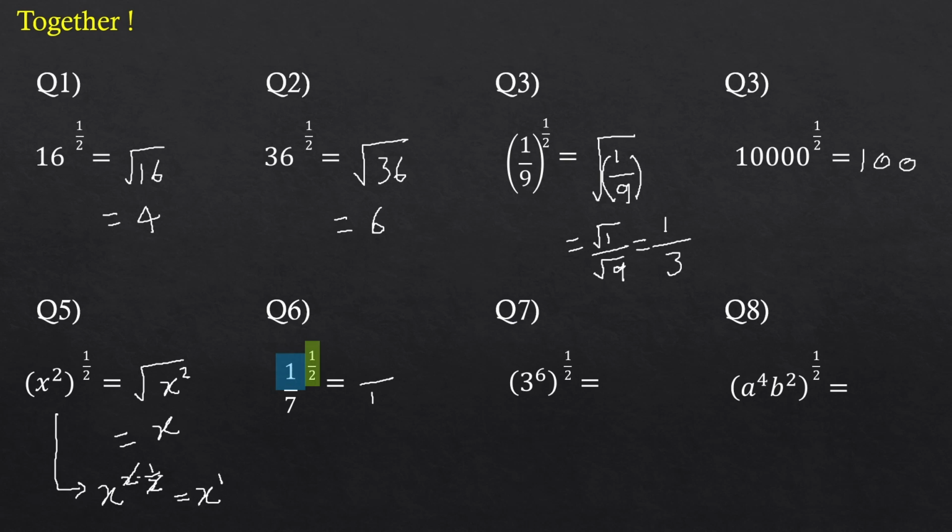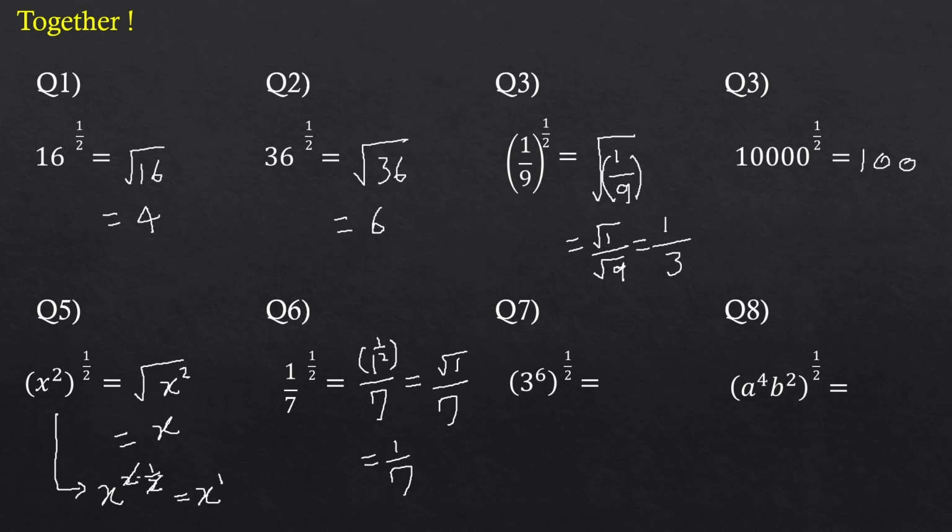So this is like 1 to the power of 1 over 2, like this, over 7. 7 is not affected. And what is 1 to the power of 1 over 2? That's just square root of 1 over 7. And that should just be 1 over 7. This operation was actually pointless, right? But yeah, that is the answer.